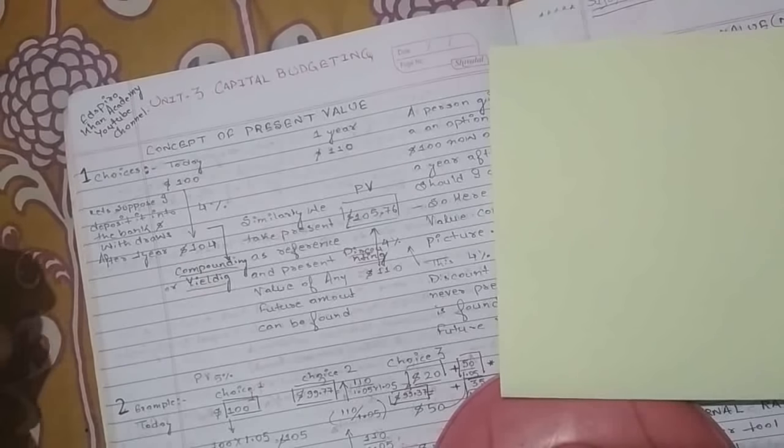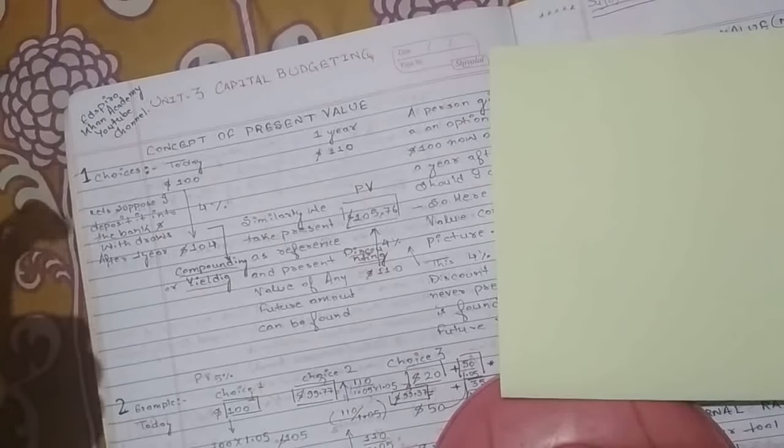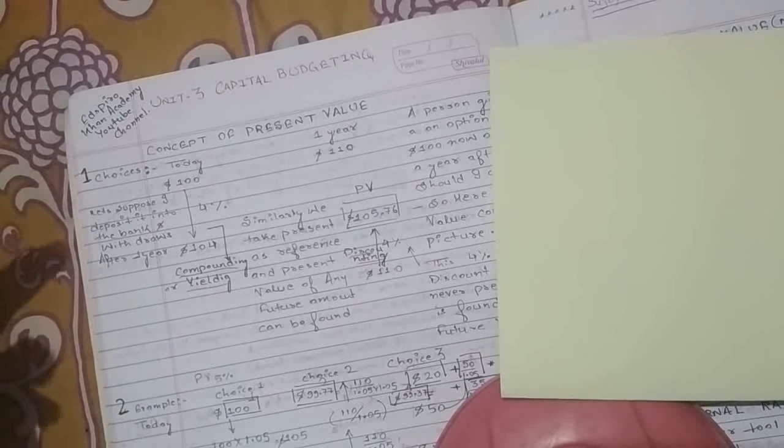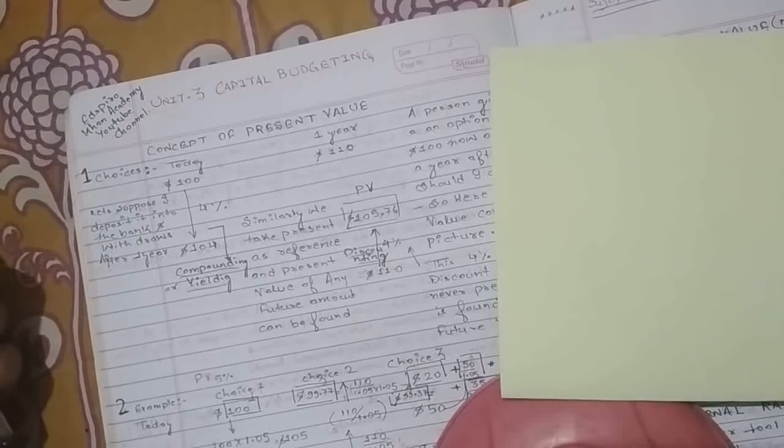It's a simple definition, but you should understand that in our course, capital means creating an asset. Creating an asset means to invest in something, to buy some plant and machinery, to accept a project. To invest in the project is capital budgeting.